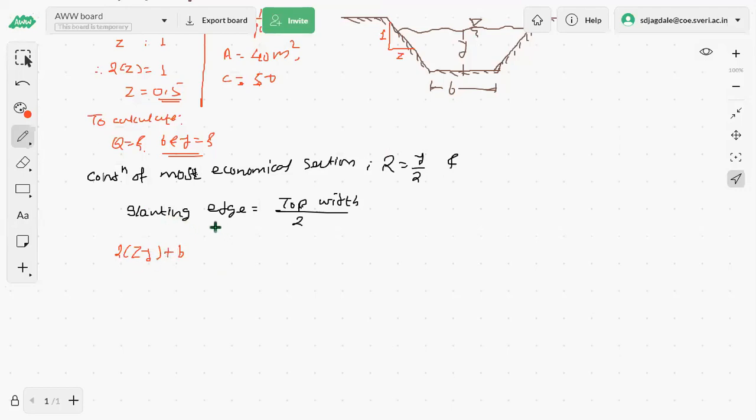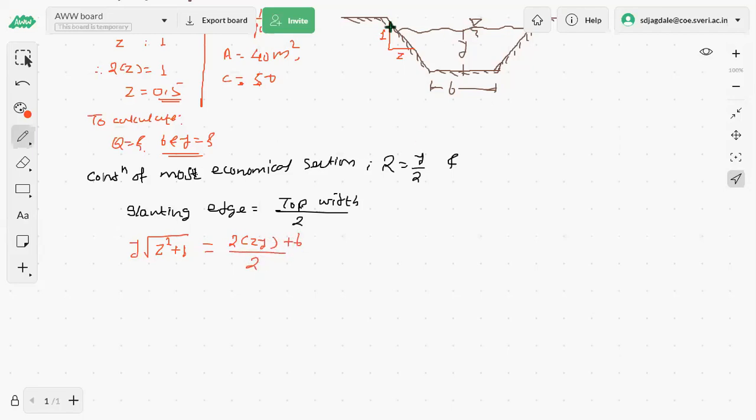This is the top width, 2 into ZY plus B. I would like to write that towards the right hand side. So the slanting edge is Y into root of Z square plus 1. Y into root of Z square plus 1 is equal to the top width, 2 into ZY plus B, and half of it is there.